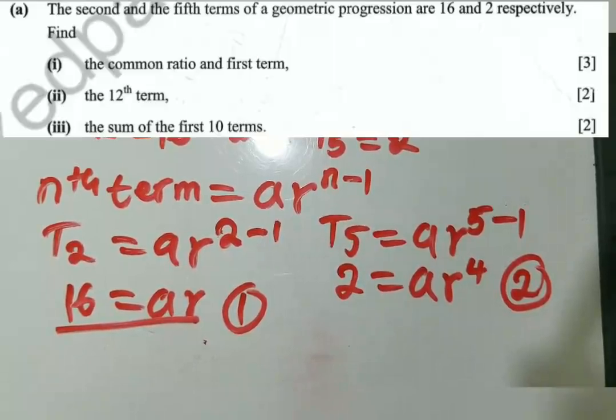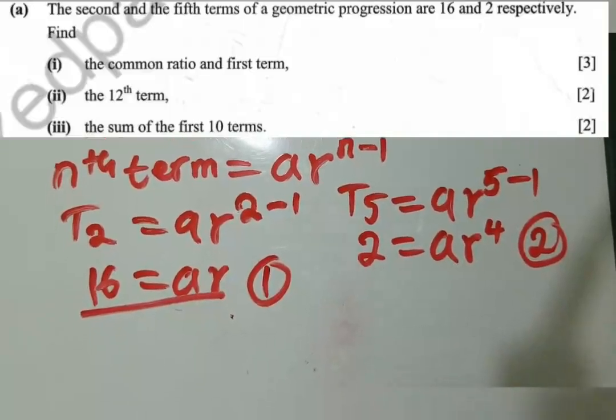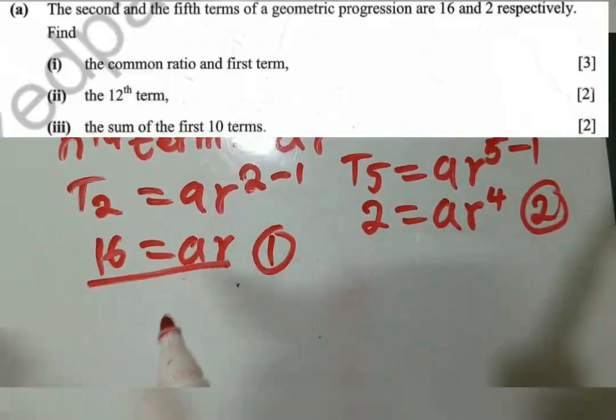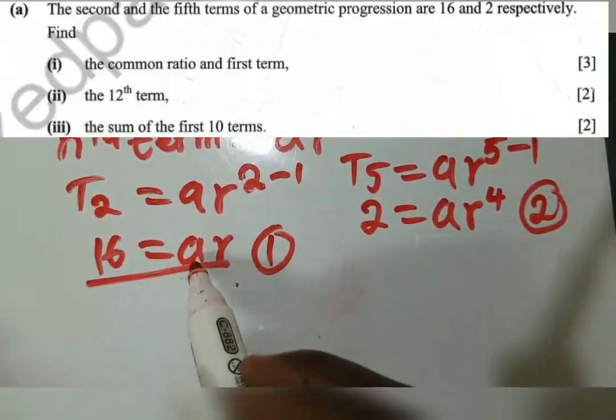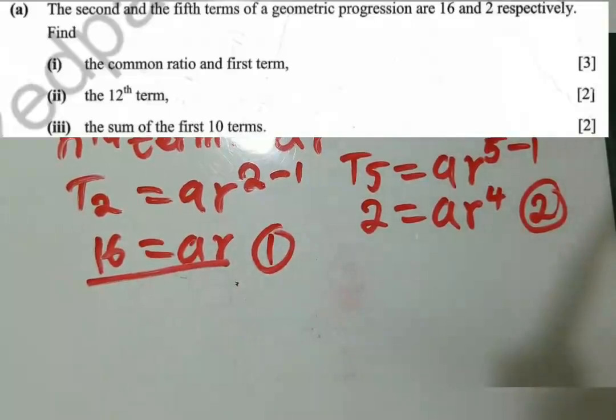Now we need to find the values of a and r. a is the first term and r is the common ratio, which are the objectives of this question.